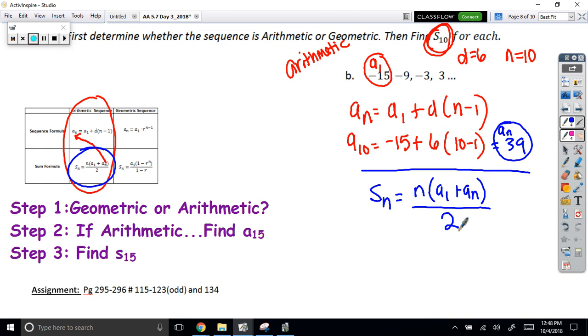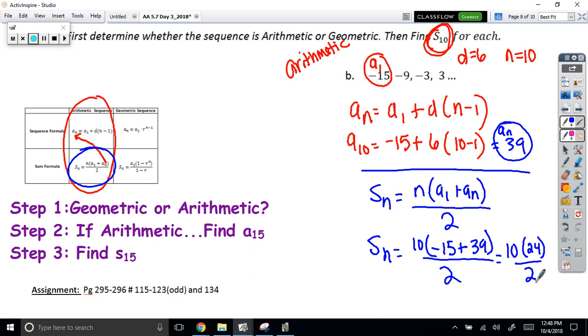Multi-step formulas. And we just sub in what we know. N is 10. A1 is negative 15. A sub n is 39, all over 2. So we should get 10 times 24 over 2, which will be 240 over 2, which will get us 120.